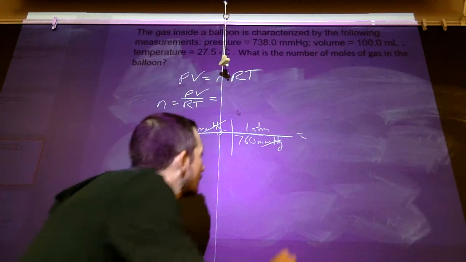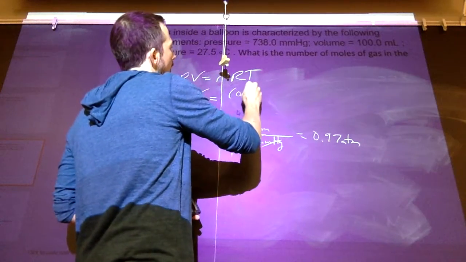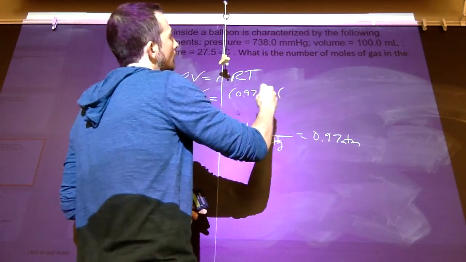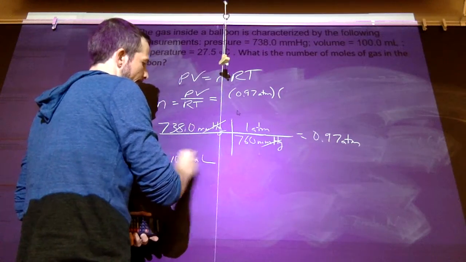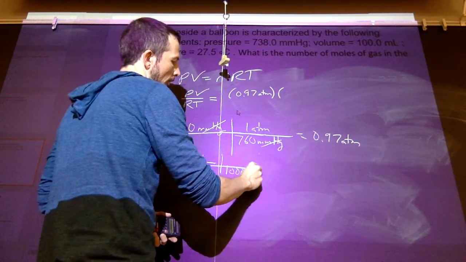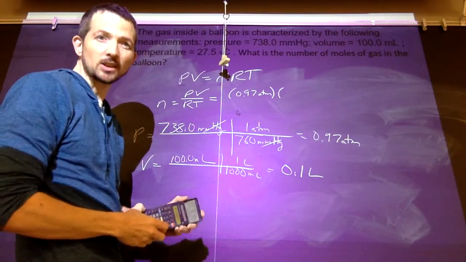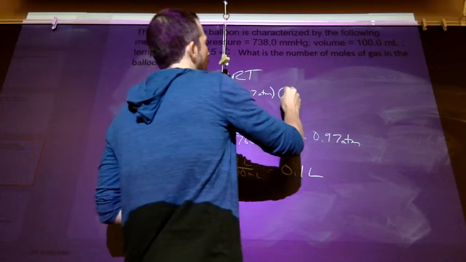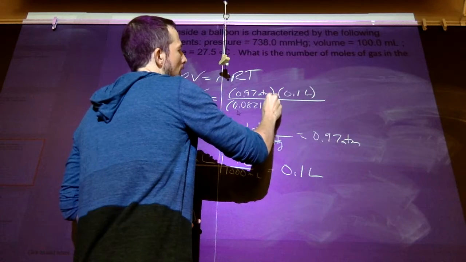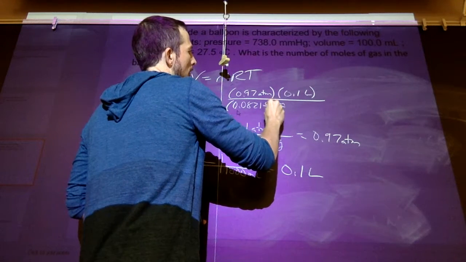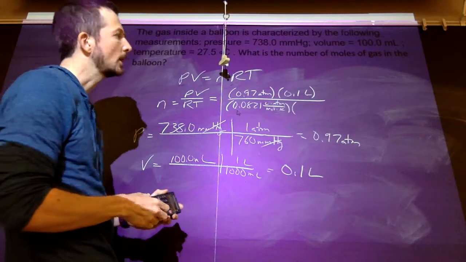So you have 0.97. Volume, 100 milliliters. Again, my gas constant's in liters, so I need to convert that. So it's in liters, atmospheres, moles, Kelvin.